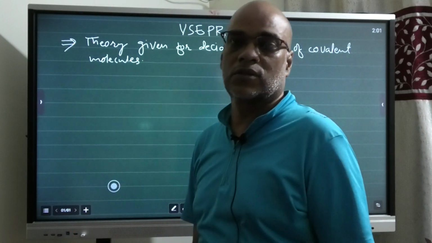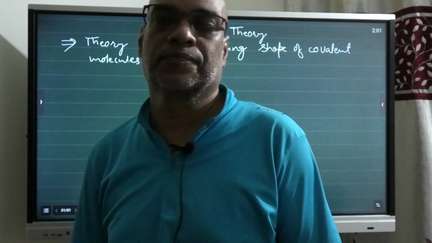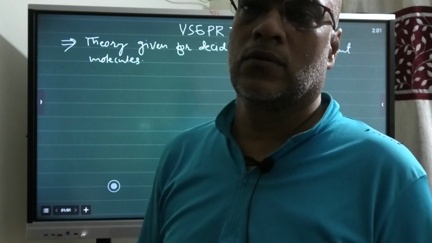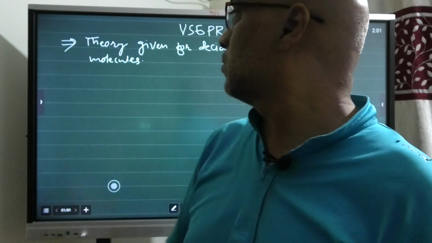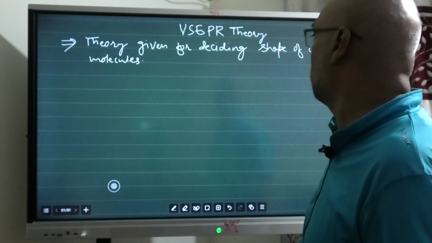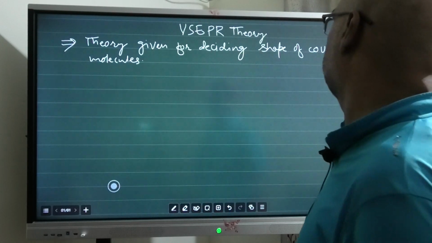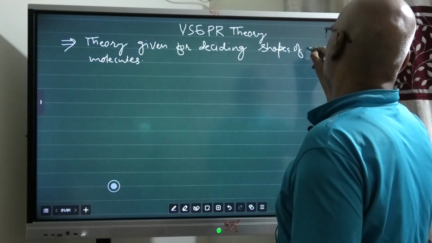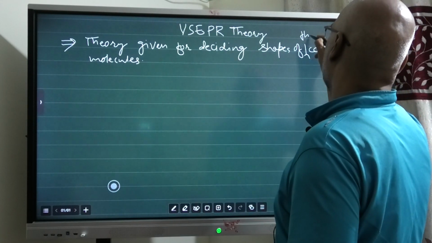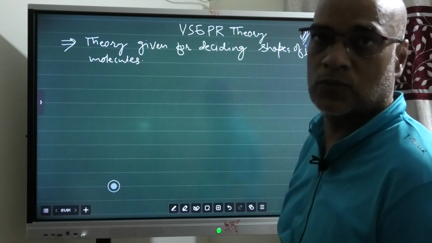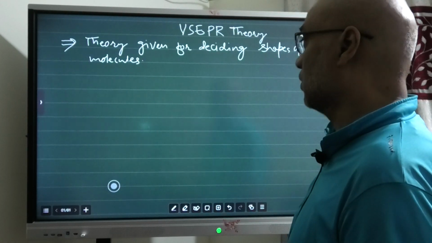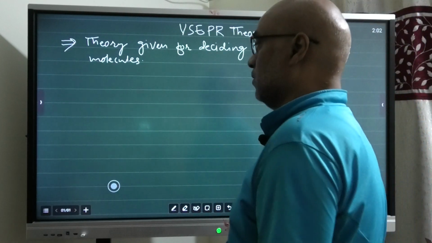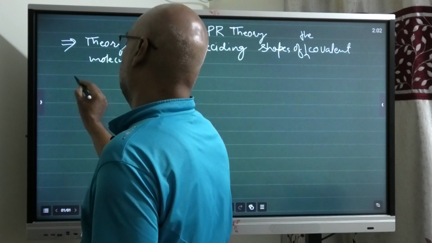Okay, this is the theory given for how to decide the shapes of covalent molecules. Okay, so what is the basic concept behind it?